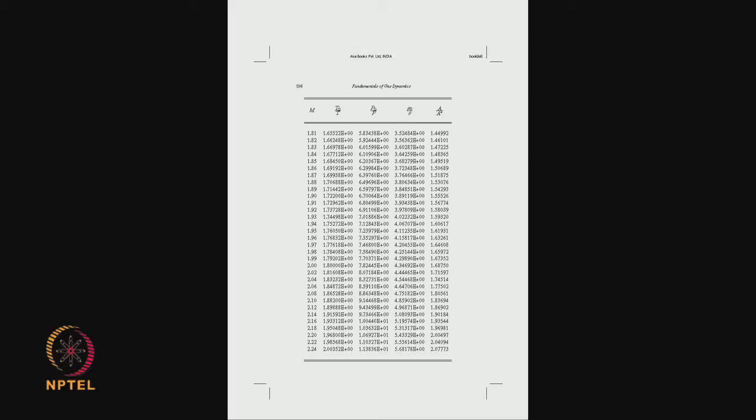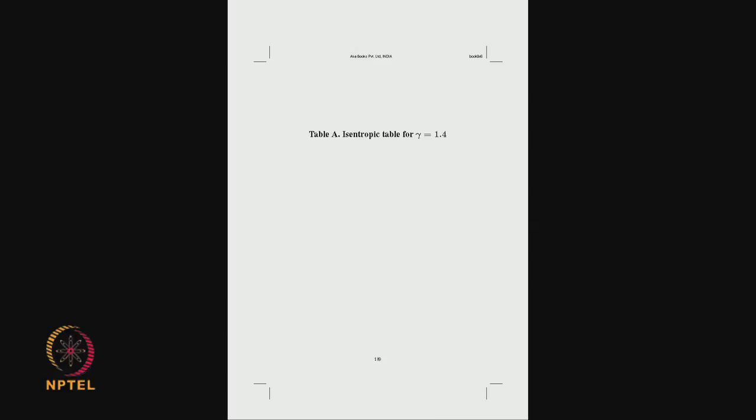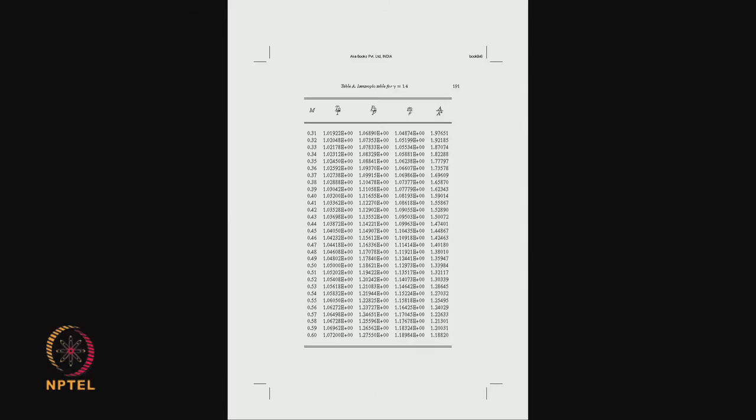If you remember, these are the tables that we looked up earlier, the isentropic table, and we said that A over A star is given to be 3.5, and we wanted a supersonic solution.